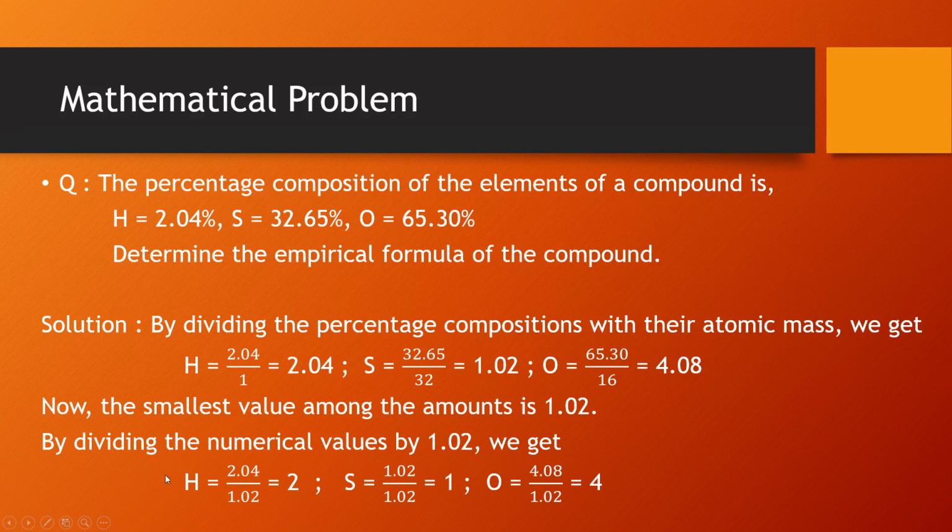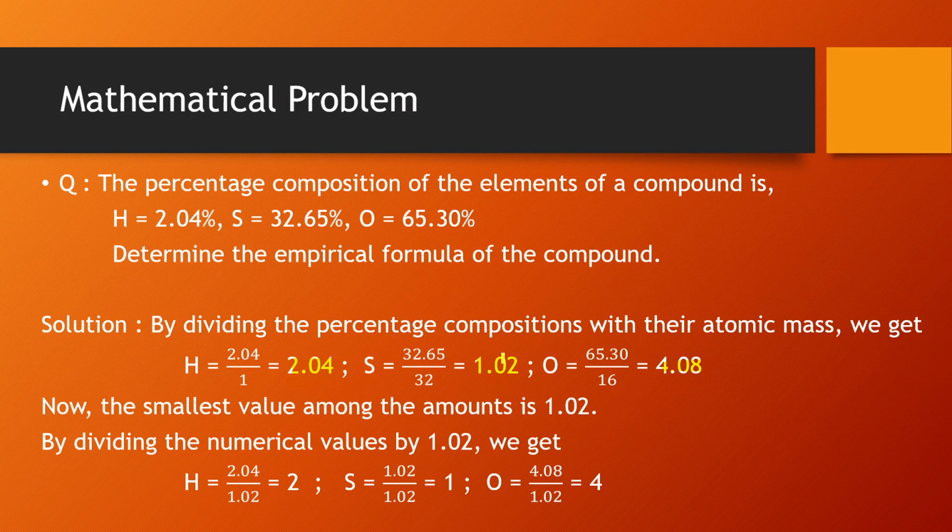Now, in those values, I'll use a highlighter here. So here these are the values. Now we have to consider the smallest value of these amounts and keep that in hand.